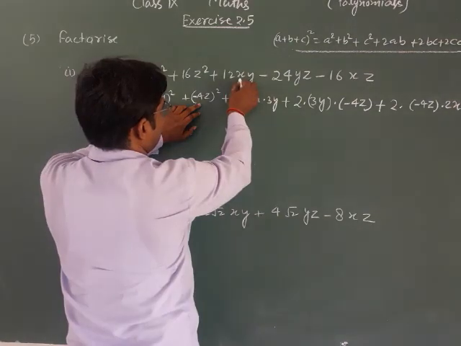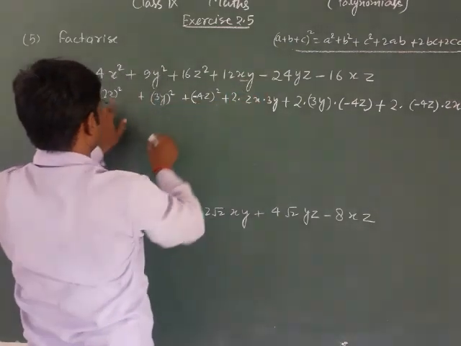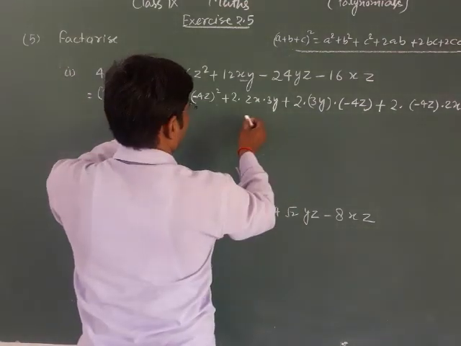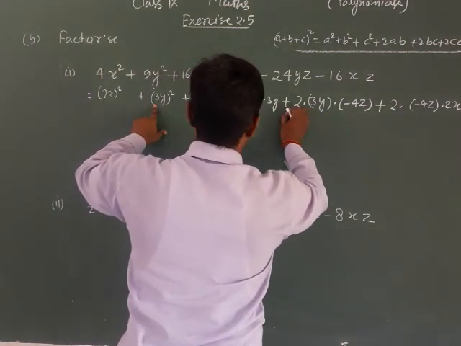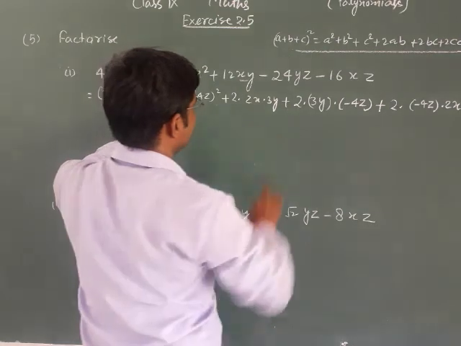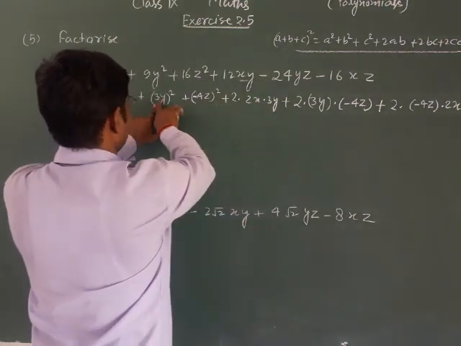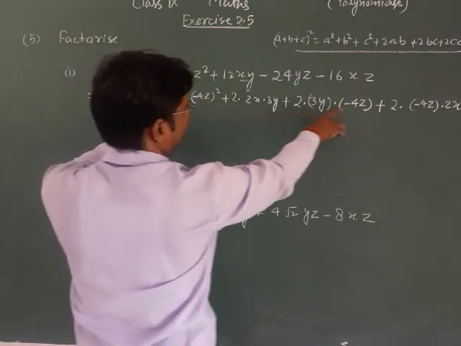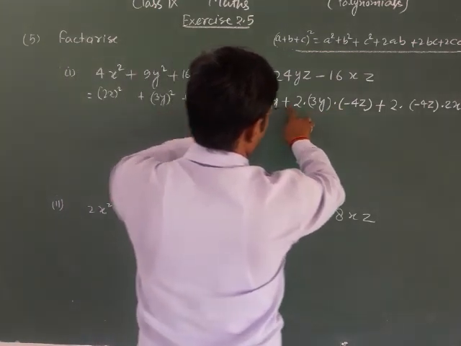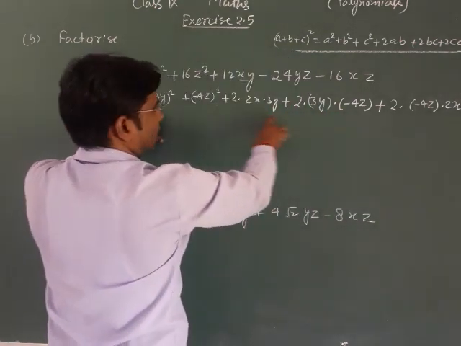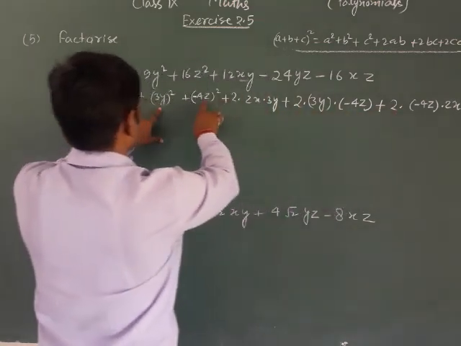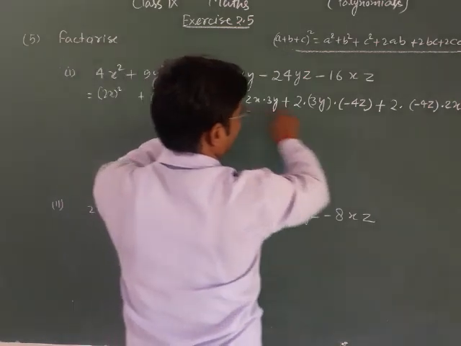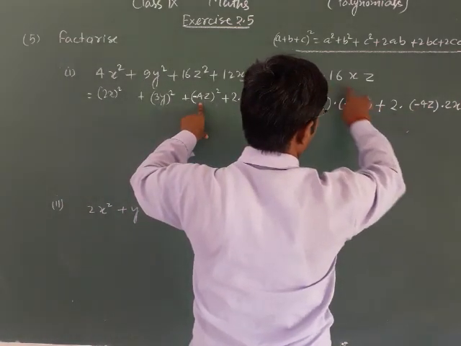Since x and y are positive, 2 times first into second is positive. The third is negative, so second into third is negative. Also 2 times third into first, multiplying gives negative.